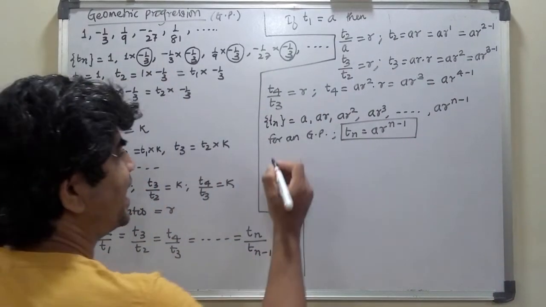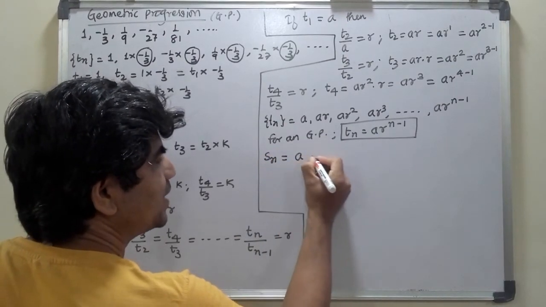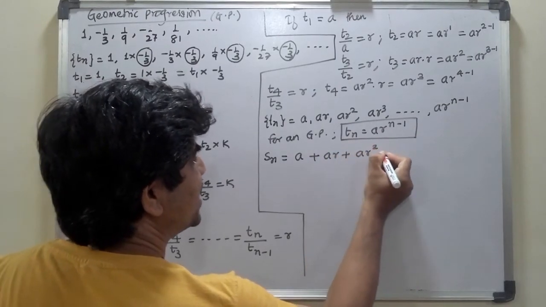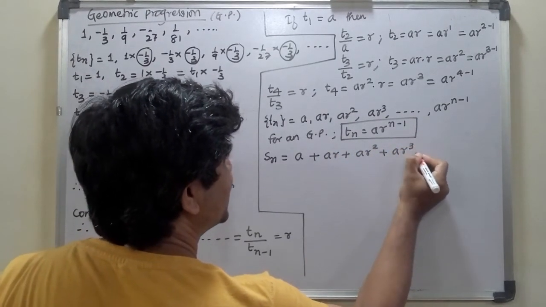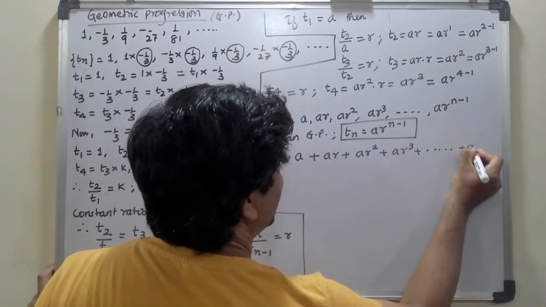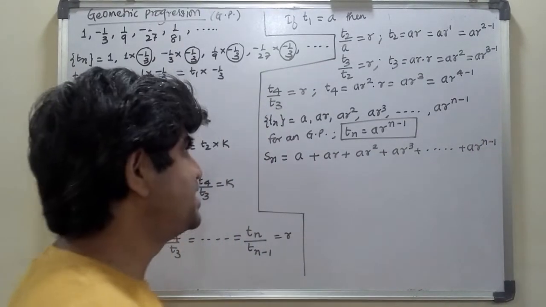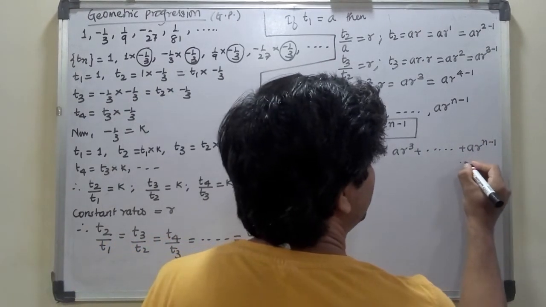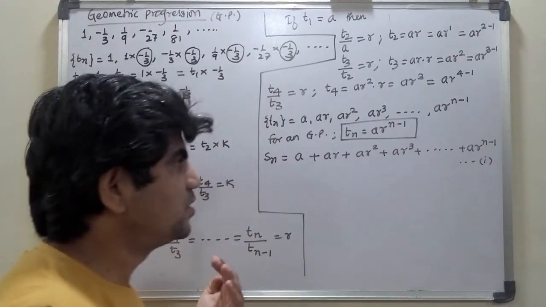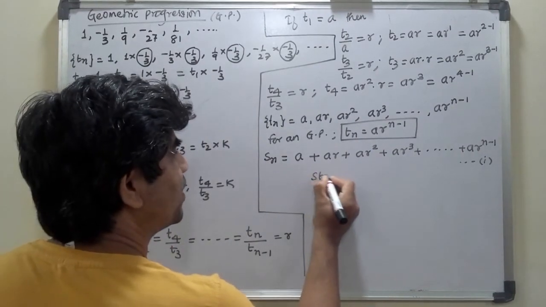Now, what will be the sum? If I take Sn, your first term is A, the second term is AR, the third term is AR square, then AR cube, and so on up to AR raised to n minus 1. This is your sum of n terms, statement number 1.